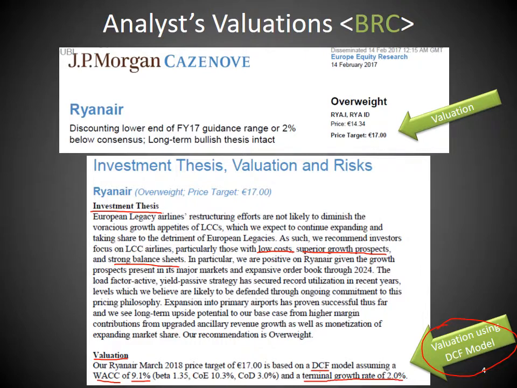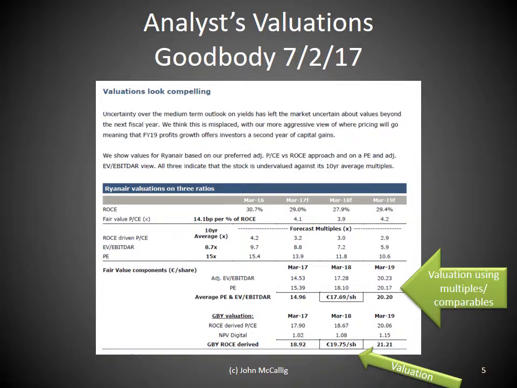So the next thing we want to look at is another analyst's valuation of Ryanair right now. And this is from Goodbody's on the 7th of February. And they give a share price valuation of 19.75, so that's 2.75 more than JP Morgan. So analysts tend to vary quite a bit in their valuations for their securities.